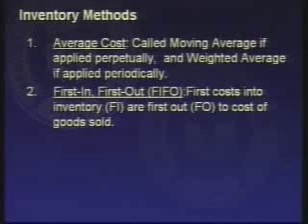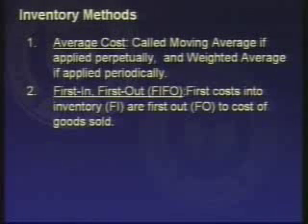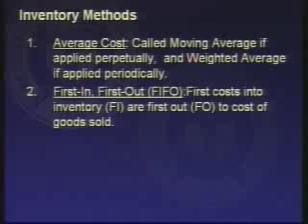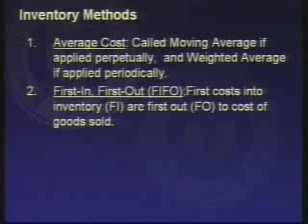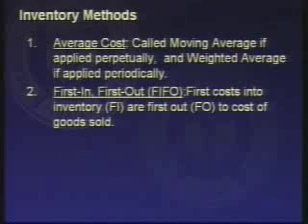Now the second method that we need to understand is called first in, first out. First in, first out is a situation where the items that came in first and their associated costs are the items that flow into cost of goods sold.